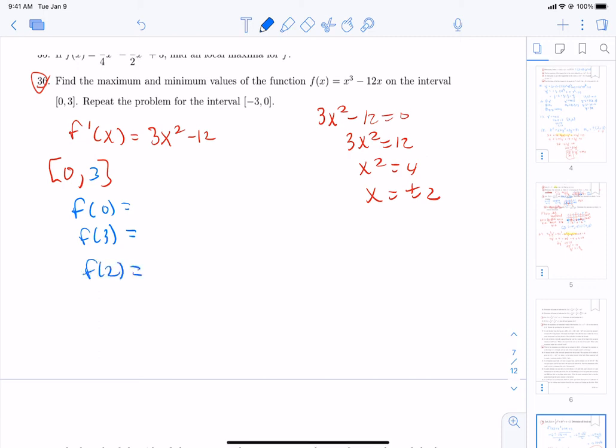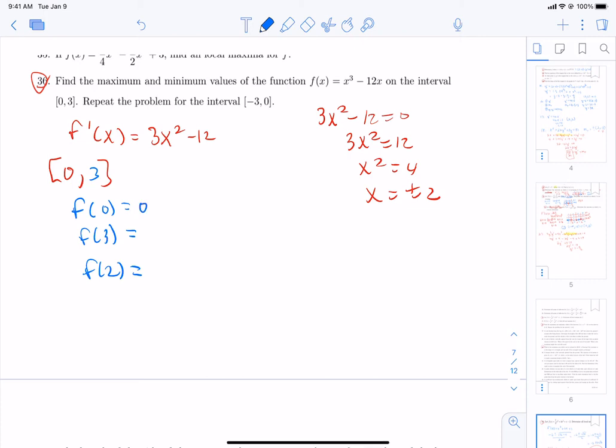So when we do the problem the first time on the interval from 0 to 3, we use 0, 3, and 2. Remember, one of the things I remember when you took a test on this stuff is you didn't plug back into the original. We're looking at the maxes and mins for the original. So if we plug 0 in, we get 0.